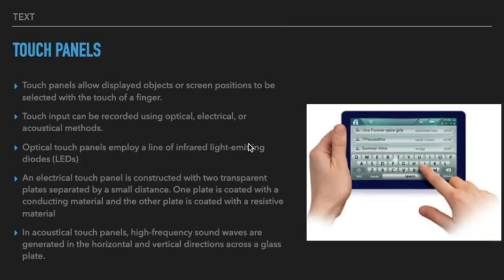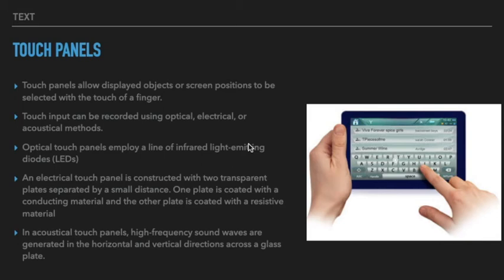Touch panels. Touch panels allow displayed objects or screen positions to be selected with the touch of a finger. You know what a touch panel is. The touch input can be recorded using optical or electrical or acoustical methods.